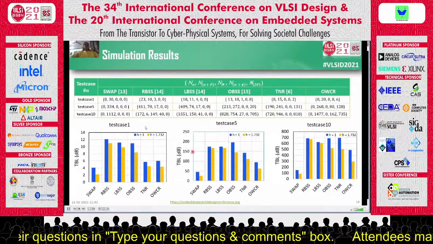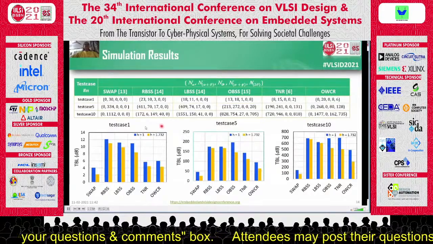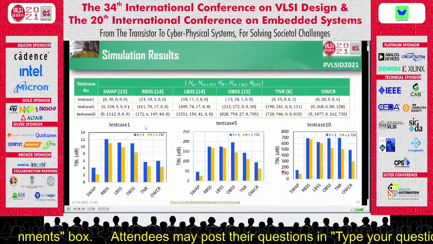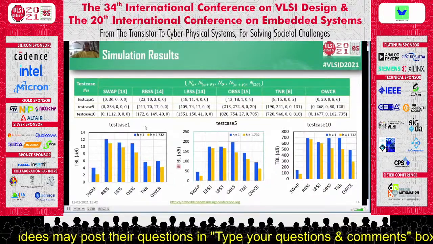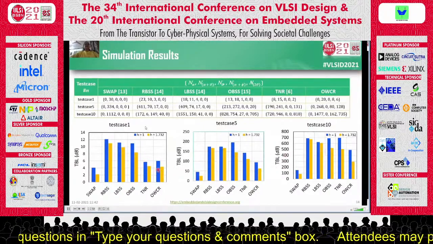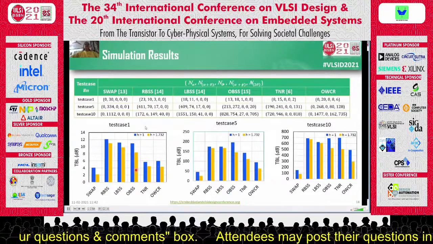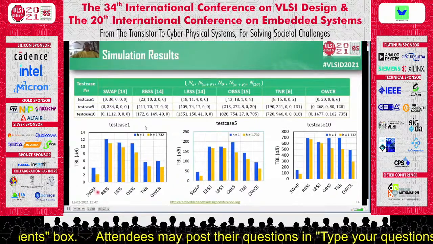We have simulated our work for different test cases where the number of waveguides varied from 10 to 100. Here we have shown 3 different test cases with the number of waveguides as 10, 50 and 100 for test cases 1, 5 and 10 respectively. These results show that SWAP has the least bend losses for all the test cases.